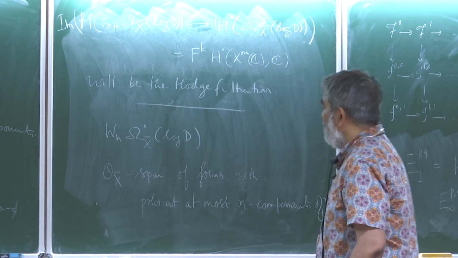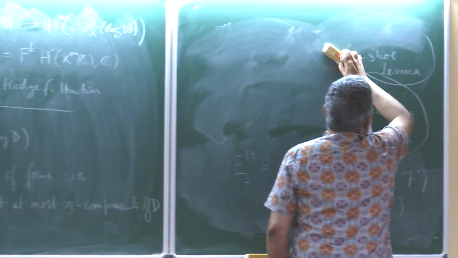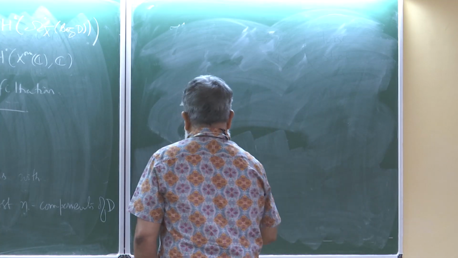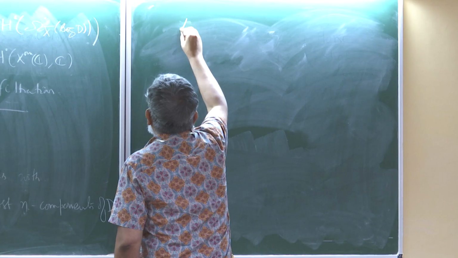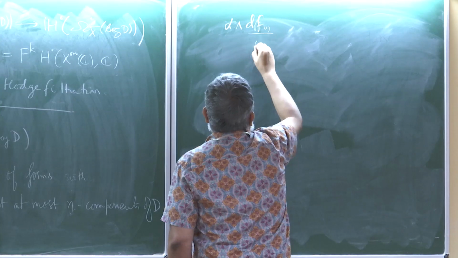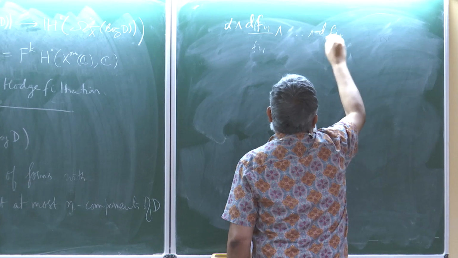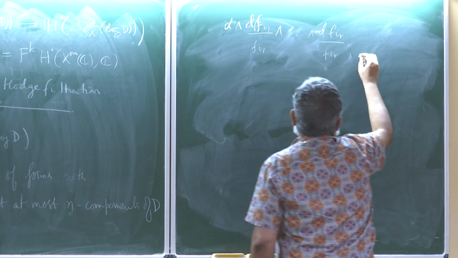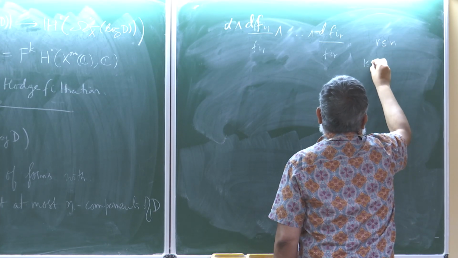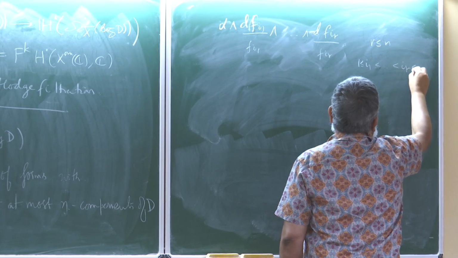Okay. So if you want to be a little more precise in terms of local coordinates, this means that it looks like α wedge dφ_{i1}/φ_{i1} wedge ... wedge dφ_{ir}/φ_{ir}, where r is less than or equal to n, and of course i1 through ir should be at most k.